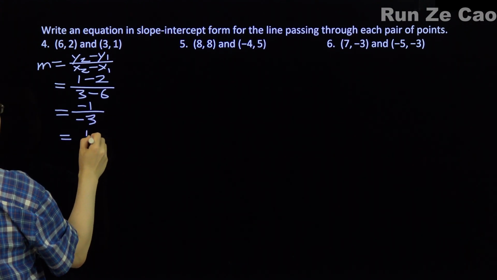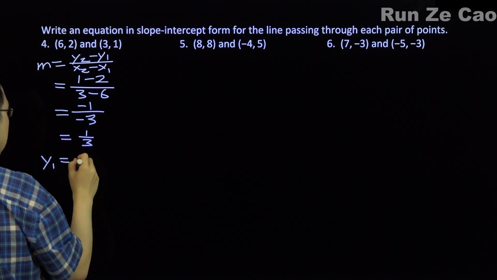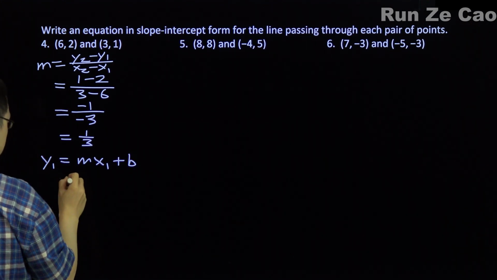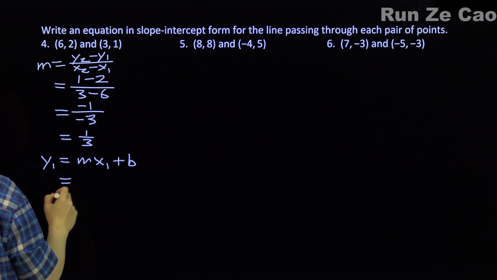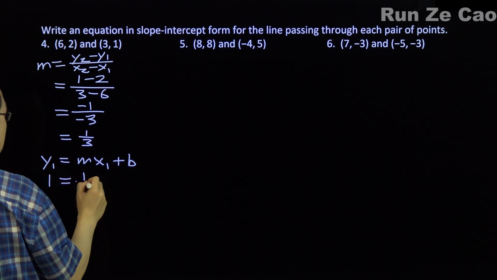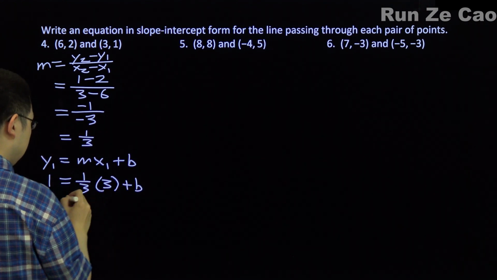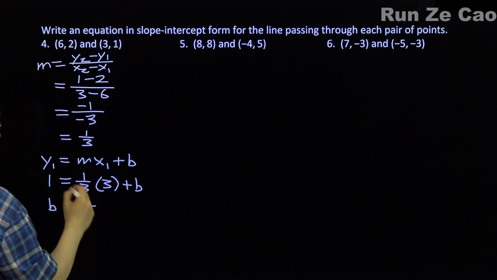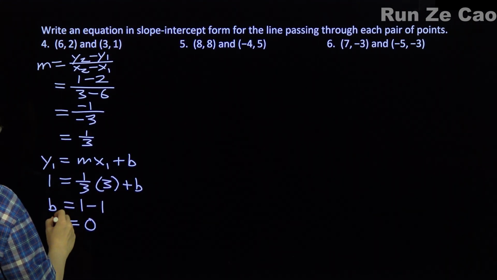So 1/3. Now y1 is equal to mx1 plus b. So y1, well, let's use 3, 1. So that's 1 is equal to 1/3 of 3 plus b. B is therefore equal to 1 minus 1 equals 0.